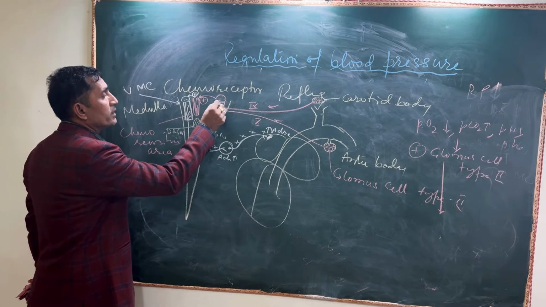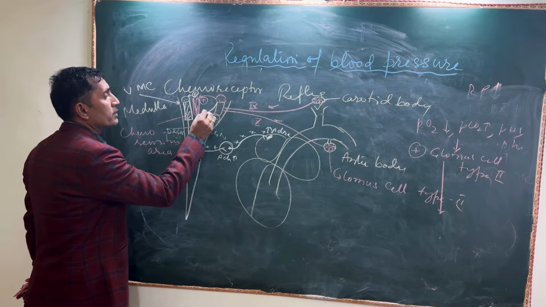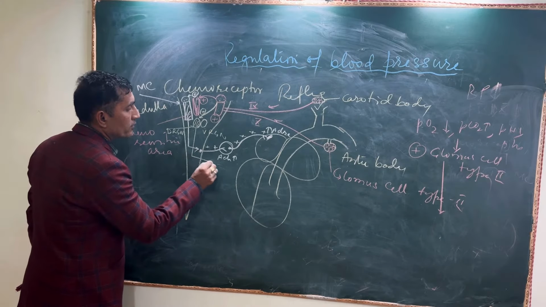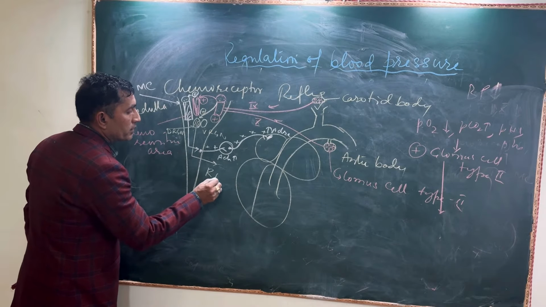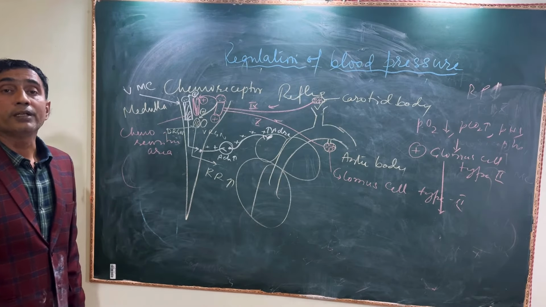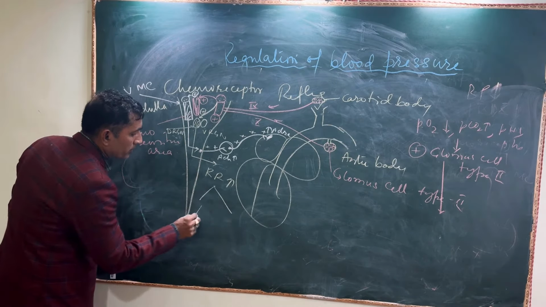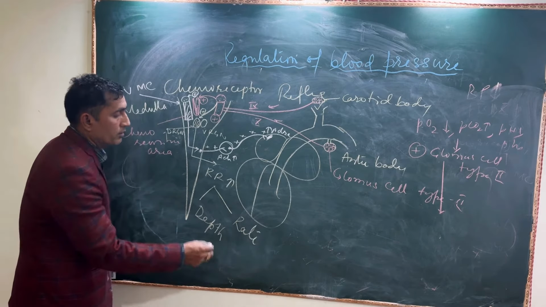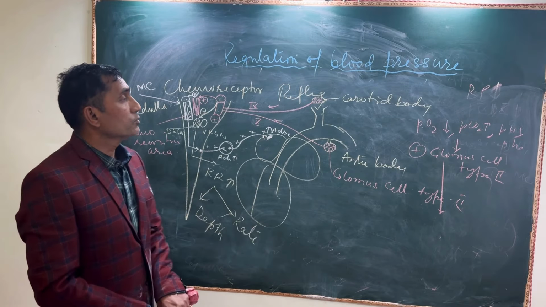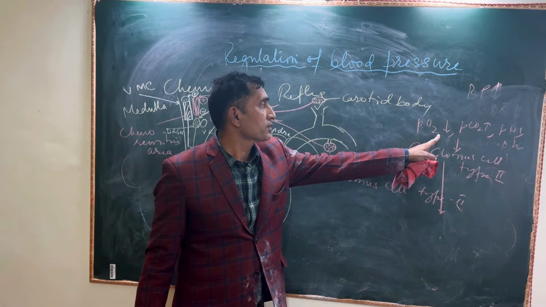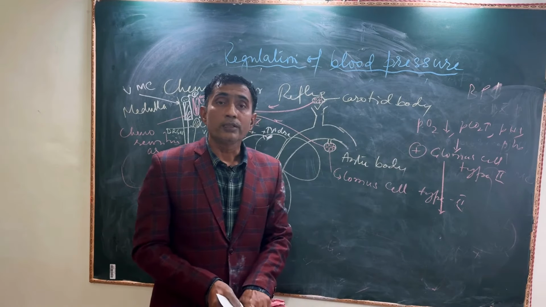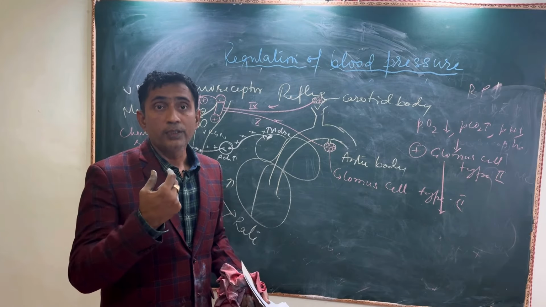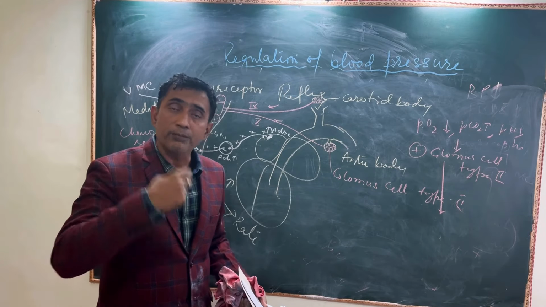The function of the nucleus tractus solitarius is to stimulate the DRG. Once the DRG is stimulated, there is an increase in respiratory rate, both depth and rate. It means that if a person has a low partial pressure of oxygen and more carbon dioxide, the tendency is to have both increased rate and depth of respiration.